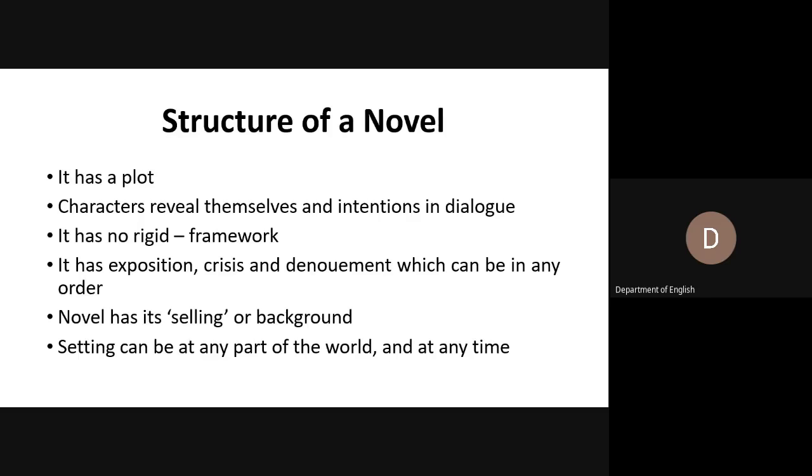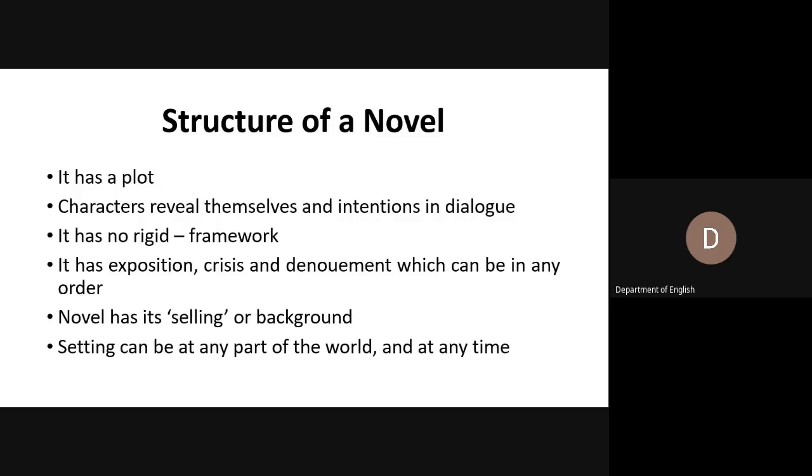Finally, we have that part of the novel which is called the denouement, which comes at the end of the novel, that is the final part of a novel, where the strands of the plot are drawn together and matters are resolved.